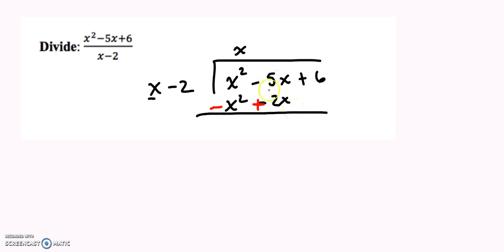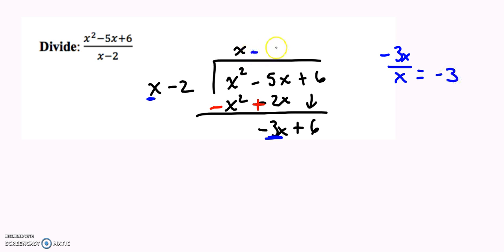What do I get? I get negative 3x, and I bring down the 6 as a positive 6. Now I repeat the process. I take x and divide it into negative 3x, and I get negative 3.